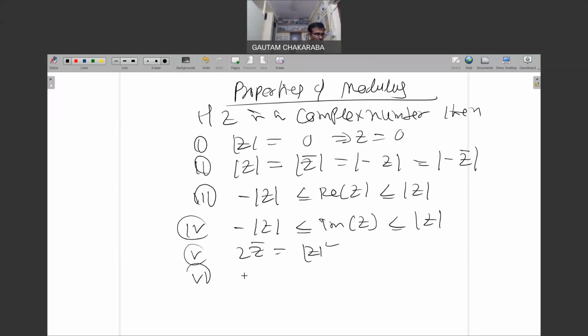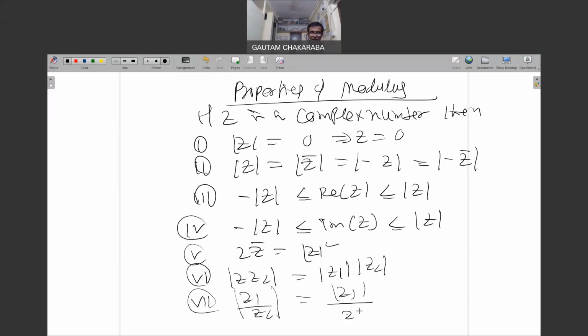Now next part, modulus of Z1 Z2 is equal to modulus of Z1 times modulus of Z2. Z1 by Z2 conjugate is equal to Z1 conjugate by Z2 conjugate, you can write.